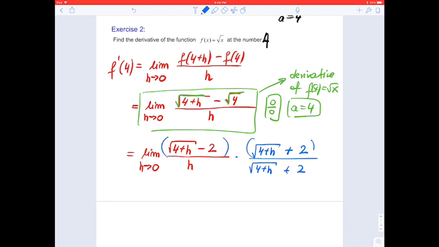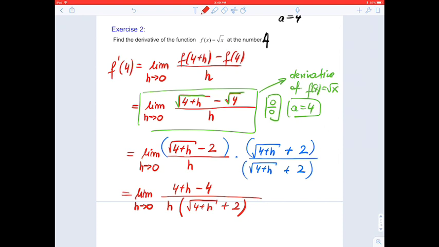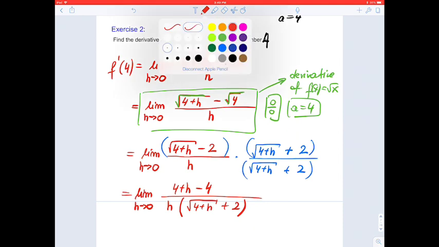And the 2 conjugate we have to distribute, but we will keep the denominator in the product form. Limit as h goes to 0, and my denominator looks like h times square root of 4 plus h plus 2. And if I FOIL the numerator, I have to square the first quantity, which squaring the square root, I am getting rid of the square root, and minus the second quantity squared. 2 squared is 4.